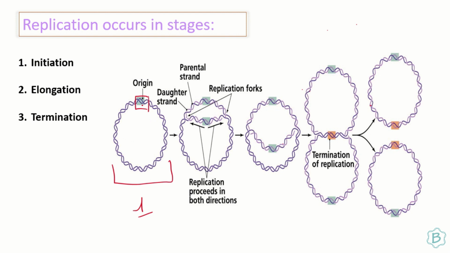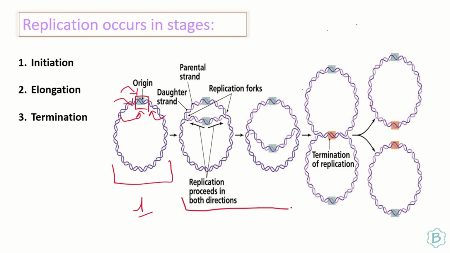At the time of replication, the origin of replication is recognized by various proteins and enzymes. All these proteins are recruited, and this makes an initiation complex. This is how the initiation stage of replication occurs.